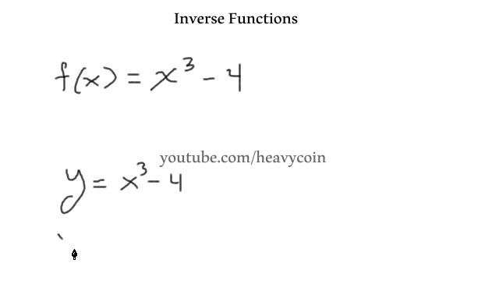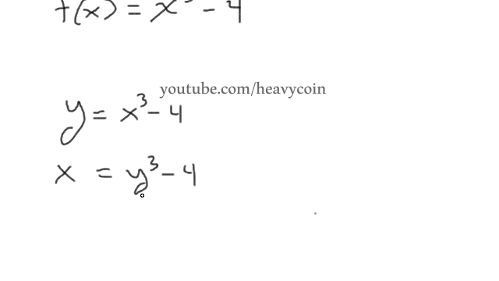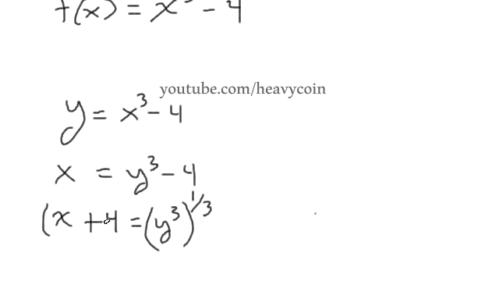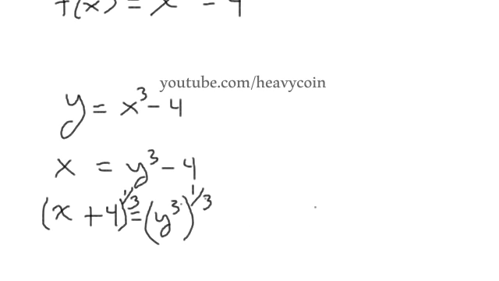And then remember, we want to switch these guys around. Now we want to solve for y in this problem. So I'm going to take this x, bring the 4 over. And now to get rid of this cube, I'm going to raise both sides to the 1/3 power. Right, and 3 times 1/3 is just 1.